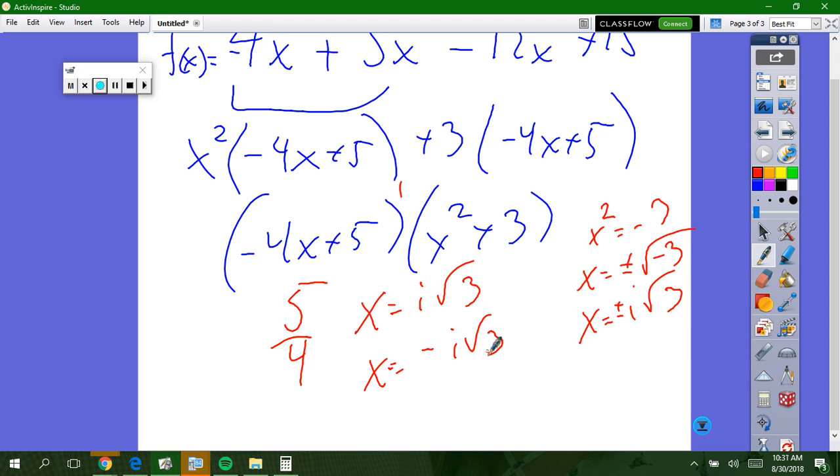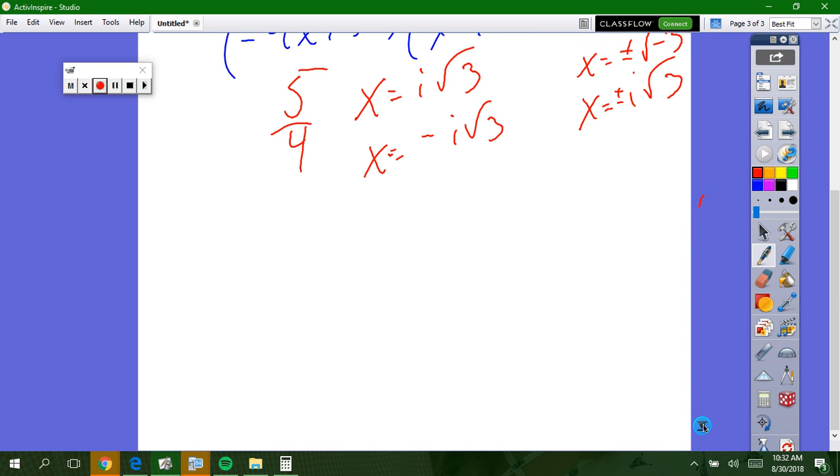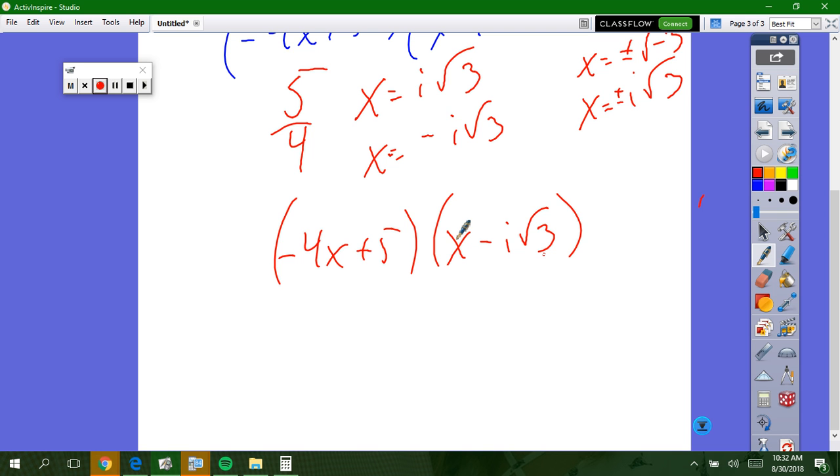So if I wrote them in linear factors, once again, this guy was negative, what was it? And then this guy was x minus i root 3, right? That's this guy. Once again, add it over.